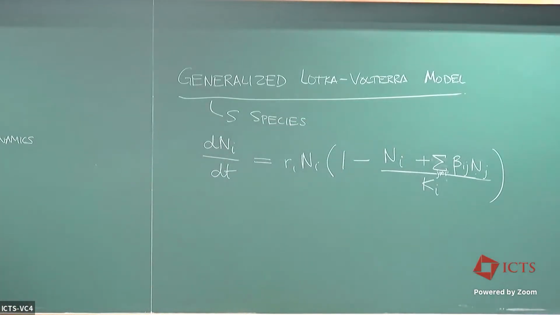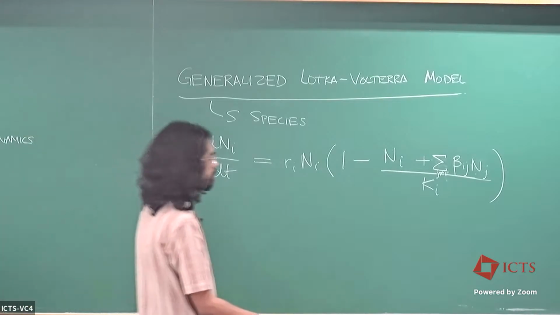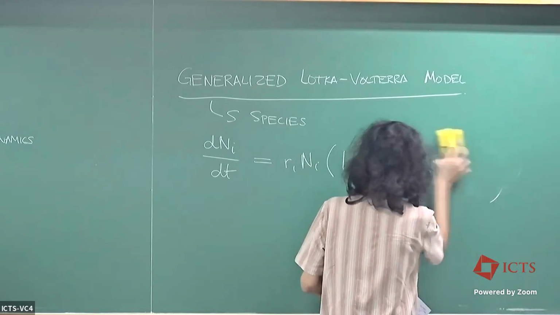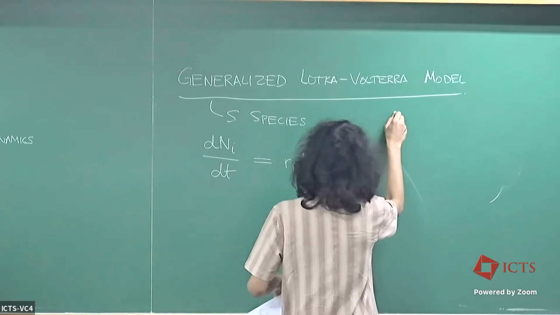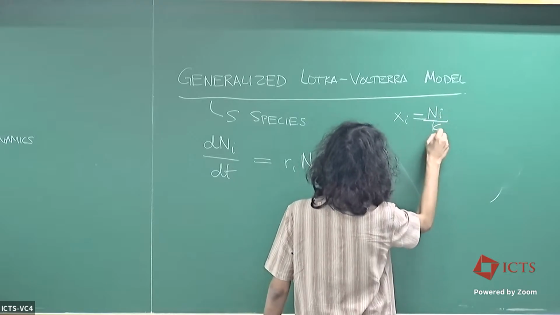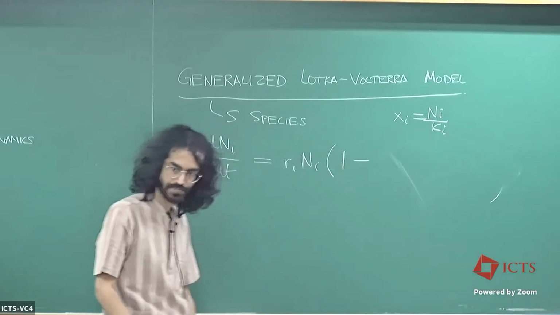You can kind of work this way around. This is not usually the version of the model that we'll be dealing with. We'll be dealing with the one with the change of variables, where all the species abundances are normalized to their carrying capacities.